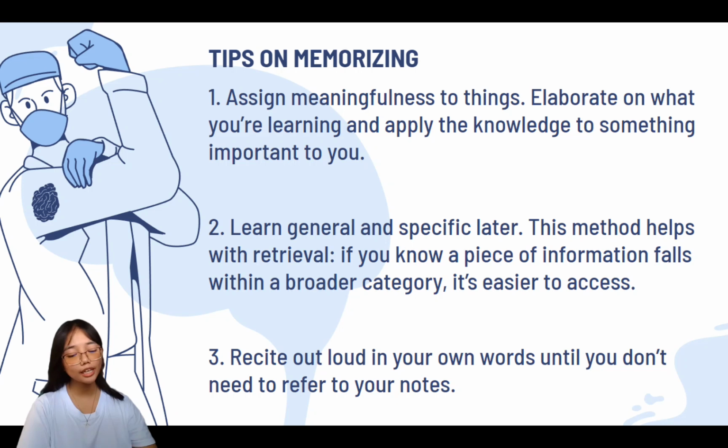So, for the last part of our discussion, here are tips on memorizing. First is to assign meaningfulness to things, elaborating on what you are learning and applying that knowledge to something that is important to you. So, learning is the process of acquiring new knowledge, skills, or insights through experience, studying, or exposure to new information. One important application of learning is in education.